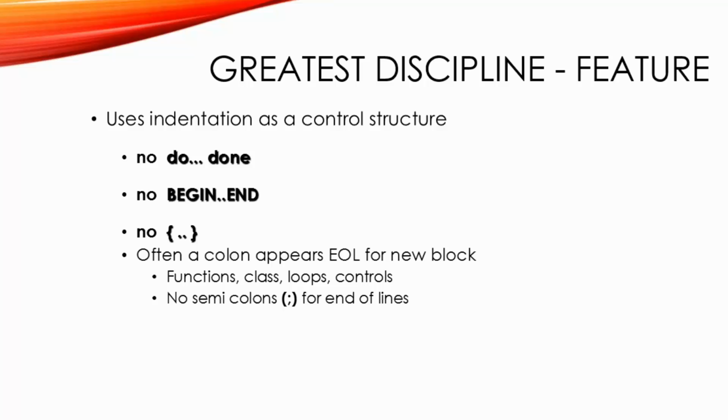Do and done is required in shell scripts. Whenever I use a while loop or a for loop, I need do and done. Begin and end are needed if you go for AWK programming. Curly brackets are needed in any Java or C program, to mark the beginning and ending of the block.